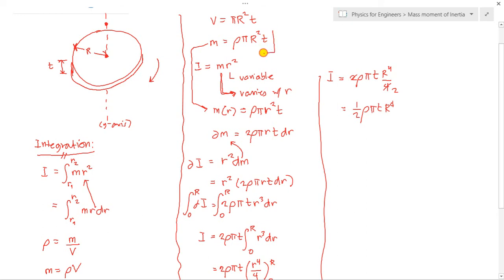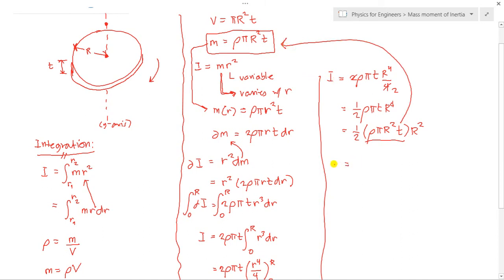Here we have the mass value of rho pi r squared t. Now if we split this, we can say that this is equal to 1/2 rho pi, we get 2 r, then t, then 2 r remains. So this expression in the middle is just equal to the mass of the disk.